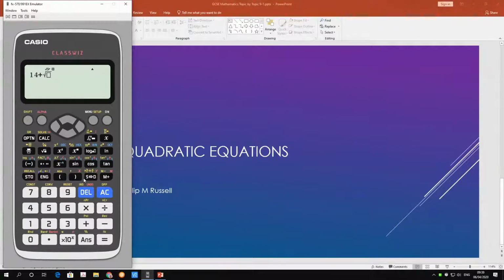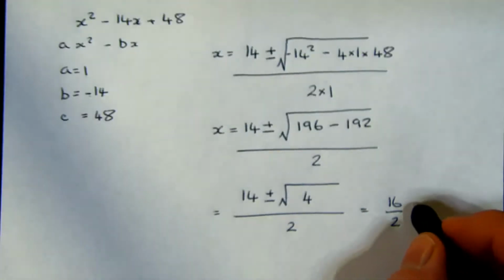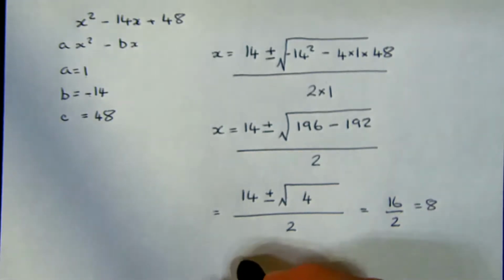Which is going to be the square root of 4 all over 2. Let's just work that out. So that's going to give me 16 over 2, which is going to give me the number 8.